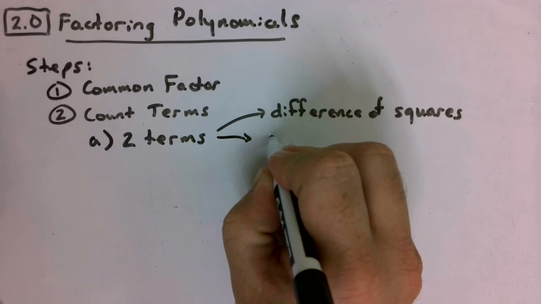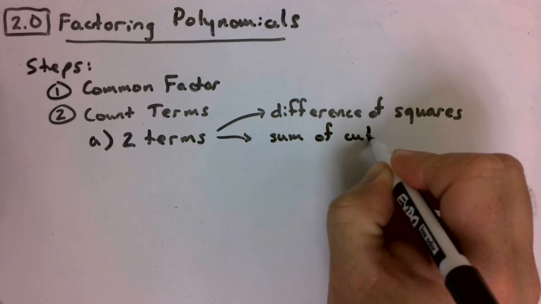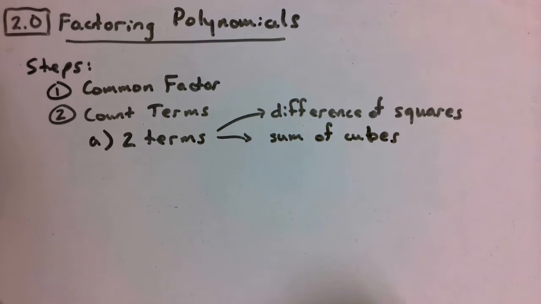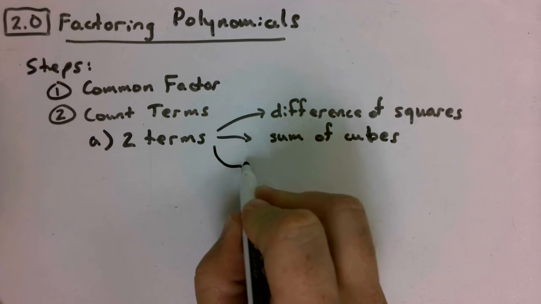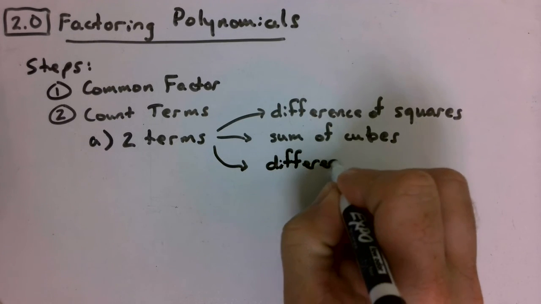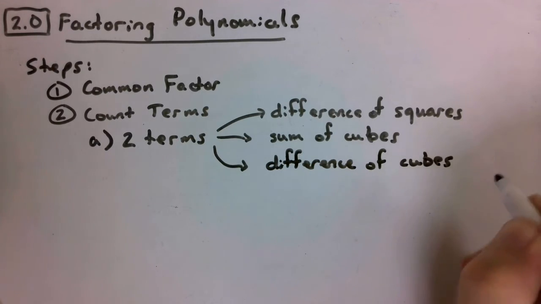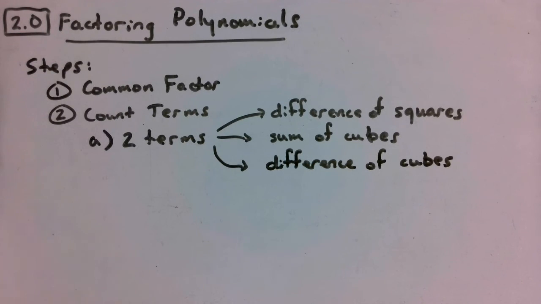One of them is called the sum of cubes, or again, the sum of 2 perfect cubes is what some books say. And then the last method is the difference of cubes, or the difference of 2 perfect cubes. So if you have a 2-term polynomial, then you're going to want to use one of those 3 methods to finish your factoring.